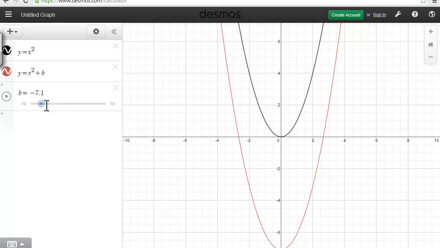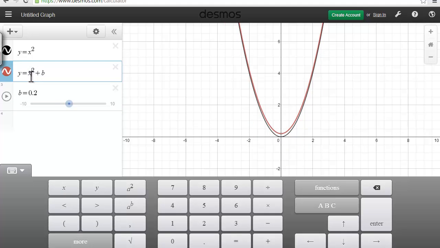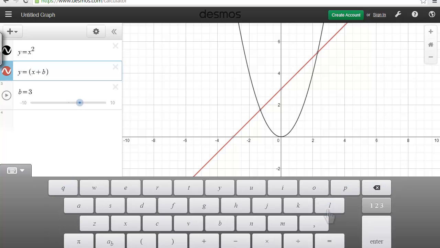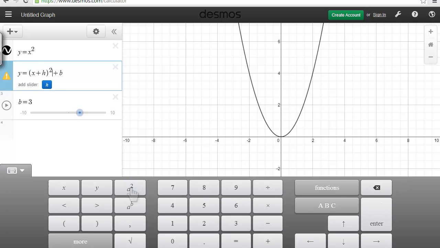Okay, but what if we take that and alter the inside as well? So what's going to happen if inside this x squared we have bracket x, say, plus h bracket squared, and then plus b.